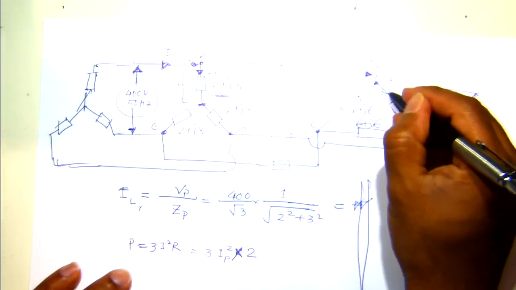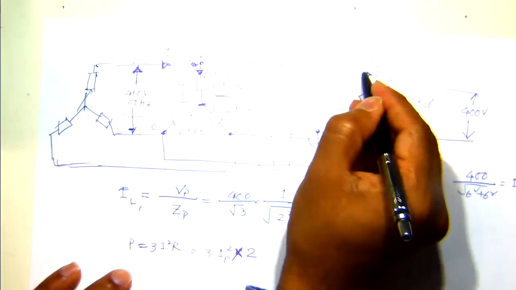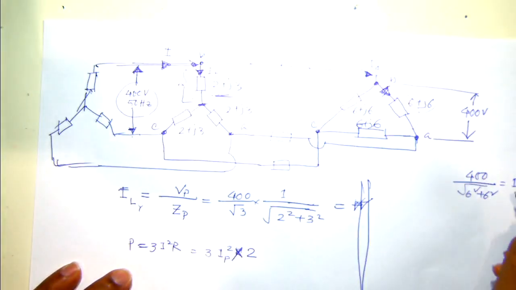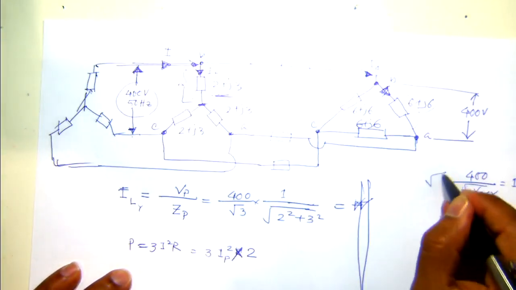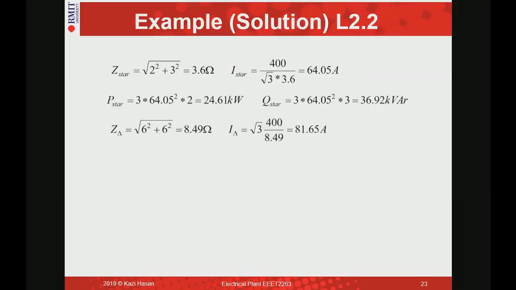So you get the current here. This is the phase current. So to calculate the line current, you need to multiply with √3. Is that okay? So that's why when you look at the solution, you see a multiplication with √3.